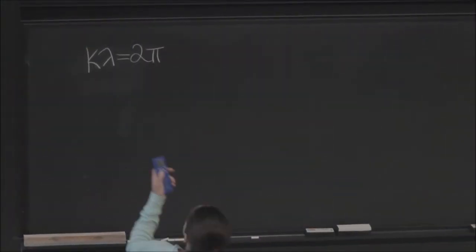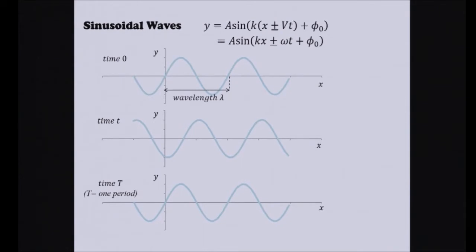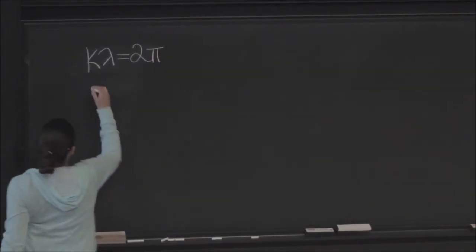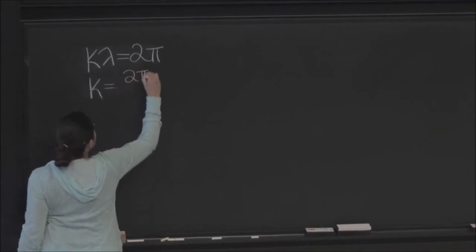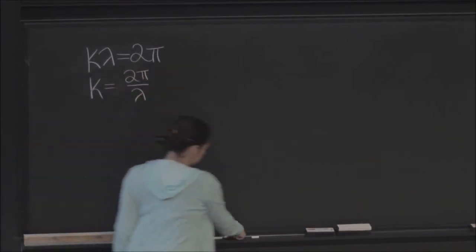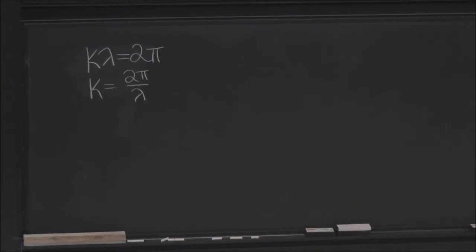Right? Because we have k times x up here as the argument of sine. If t is fixed and all this other stuff is just a constant, then in order for it to be equal when you evolve by some position lambda, that has to be equal to 2 pi. So that tells us that this thing k is just 2 pi over lambda, where lambda is the wavelength.